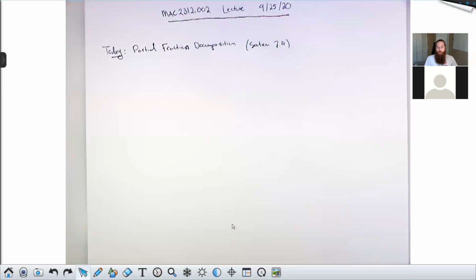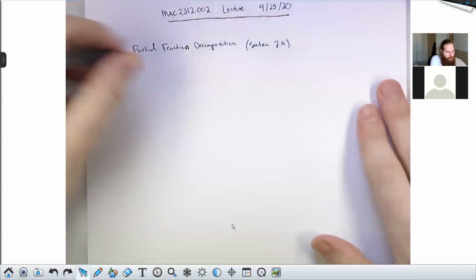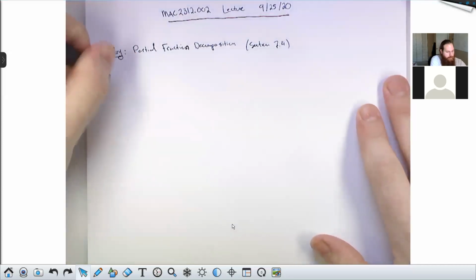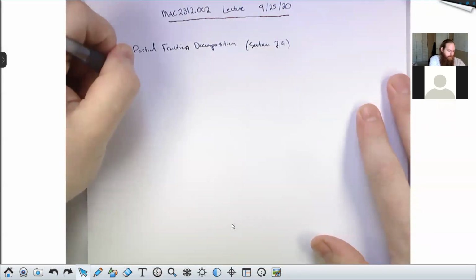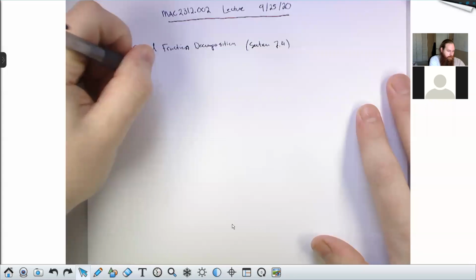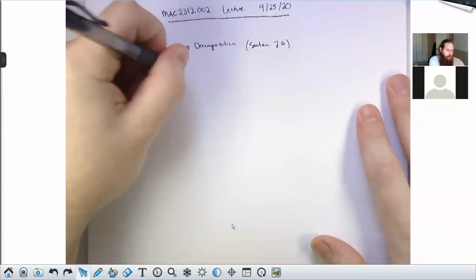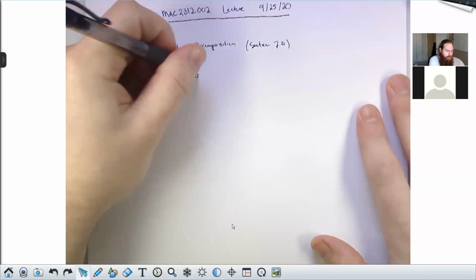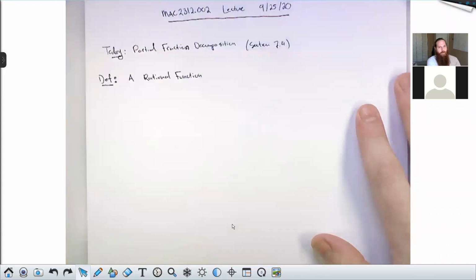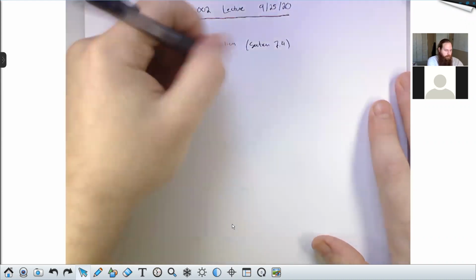There are a few definitions that we're going to need to get started. And while I'm letting people filter in, I'll go ahead and write those down. Surely everybody here has worked with rational functions, but we may not remember the strict definition.